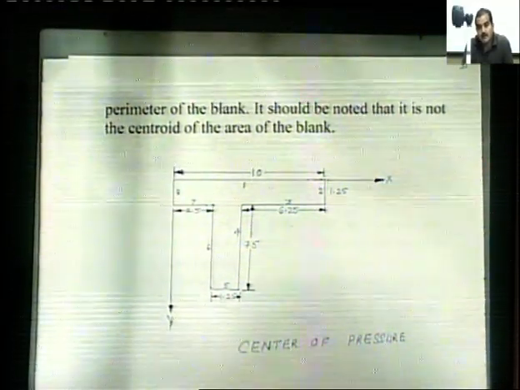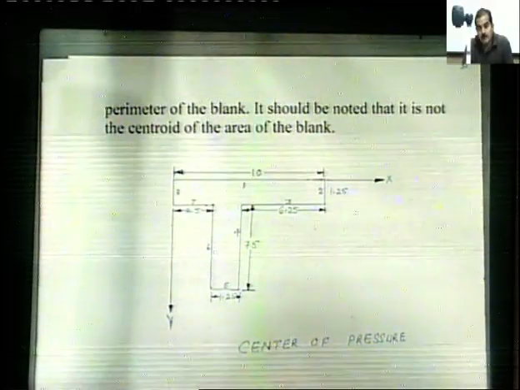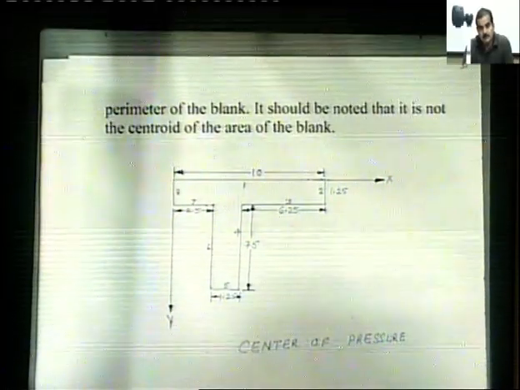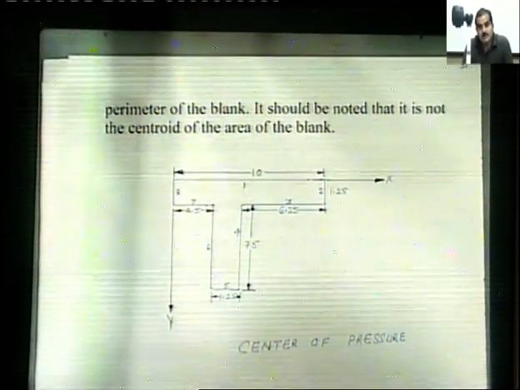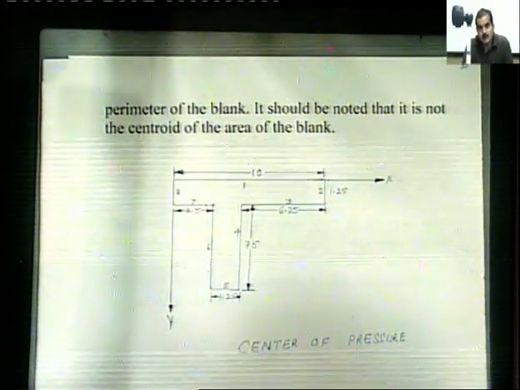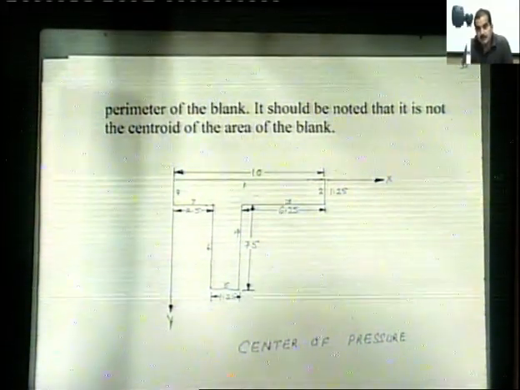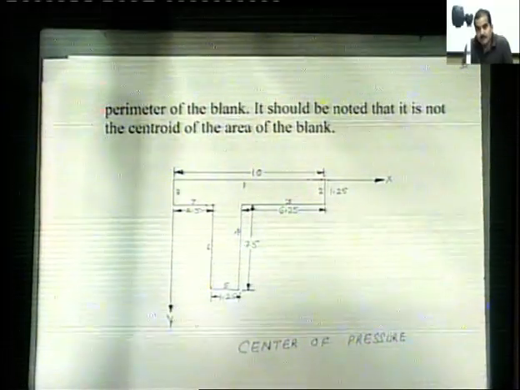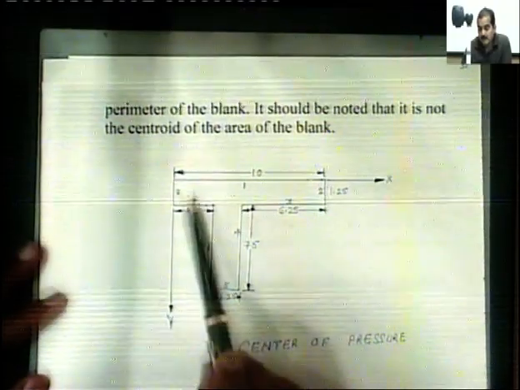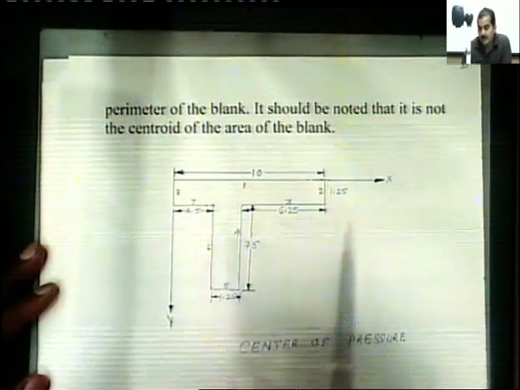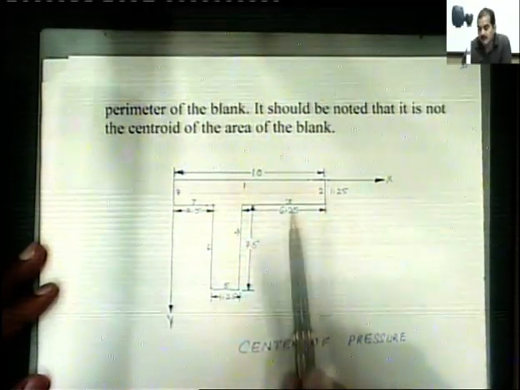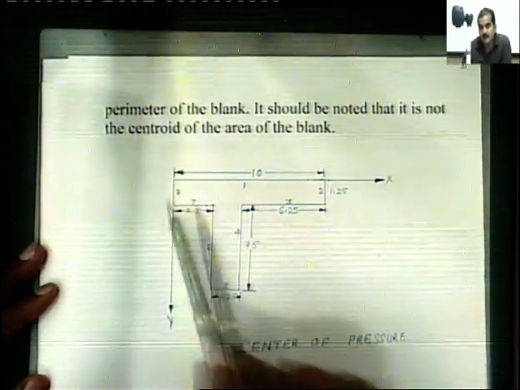Now, a figure is shown on your monitor. It is a workpiece which is not symmetrical in shape. Now, we have to find out its center of pressure. What we do, first of all, we lay out the workpiece, then this workpiece is divided into line segments like first segment, second, third, fourth, fifth, sixth, seventh and eighth.